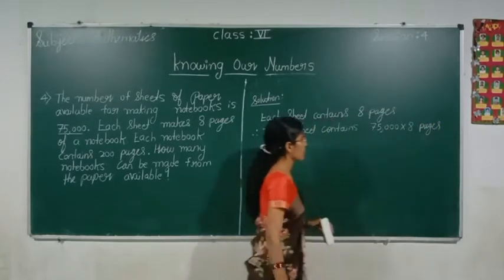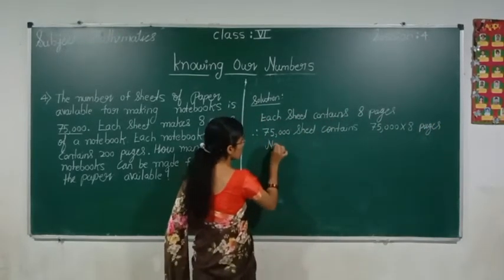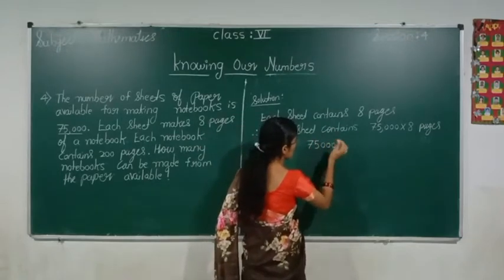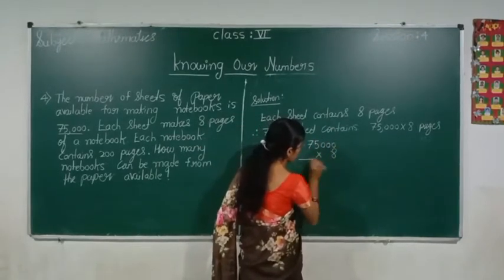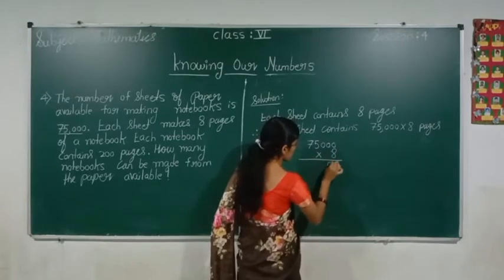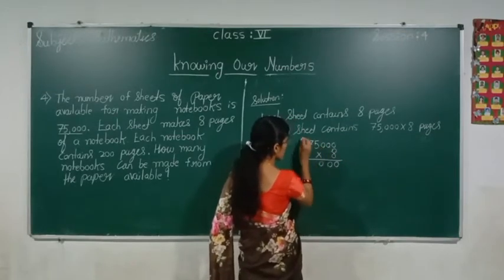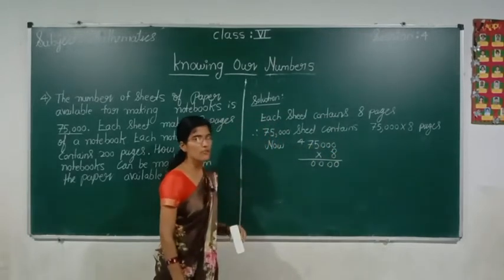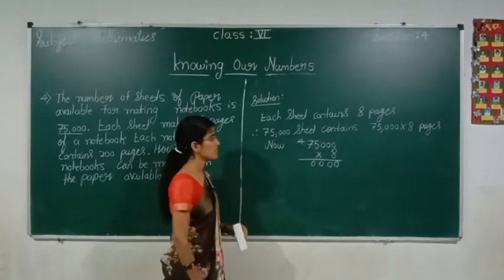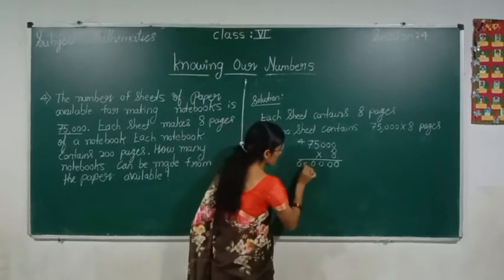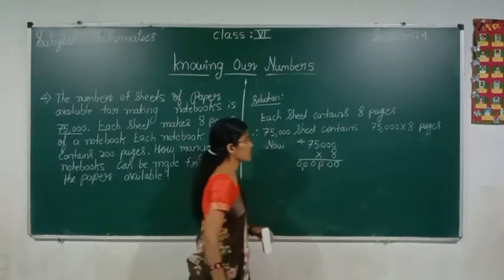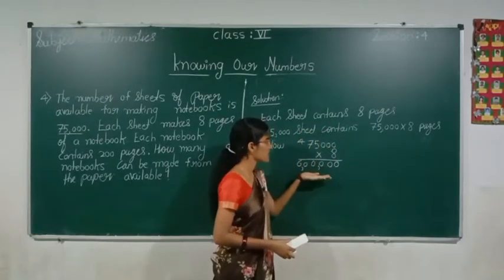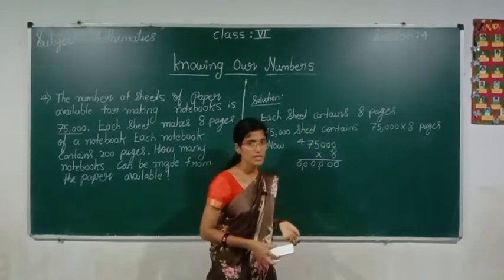Yes or no? Now do the multiplication. 75,000 into 8. 8 zeros are 0, 0, 0. 8 5s are 40. 7 8s are 56. 56 plus 4 is 60. See here, 75,000 sheets contain 6 lakh pages.